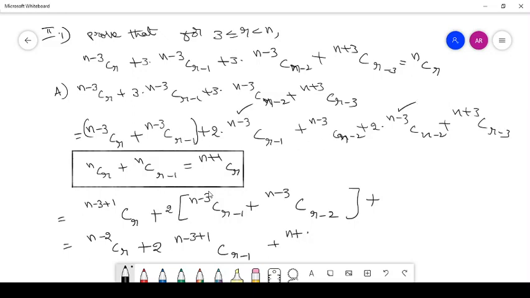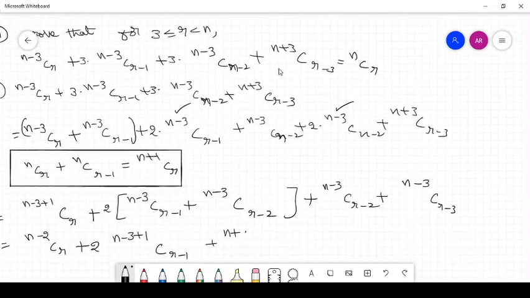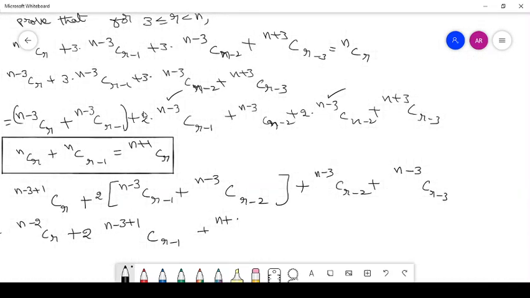Two terms, we took 2 common. Next values n minus 3 C r minus 2 plus here n minus 3 C r minus 3. Here not plus, sorry, here this is the minus 3.